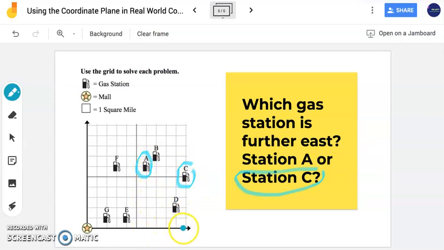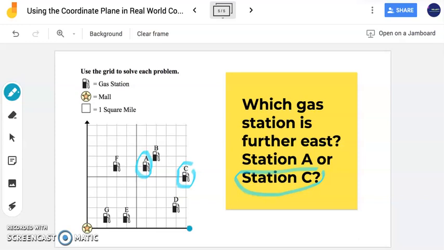Therefore, station C is further east away from the mall. So it's important, depending what direction you're going in, what direction has roads leading up to these gas stations, helps you determine, do you go east, do you go north, which gas station would work best for you compared to the distance from the mall.